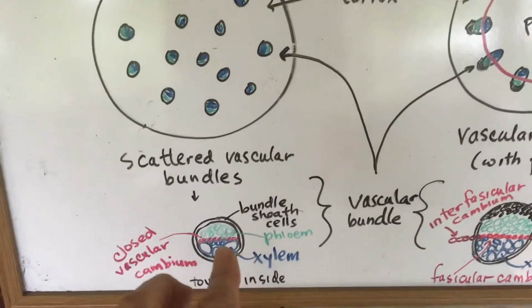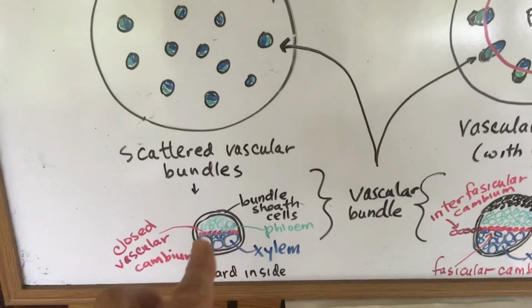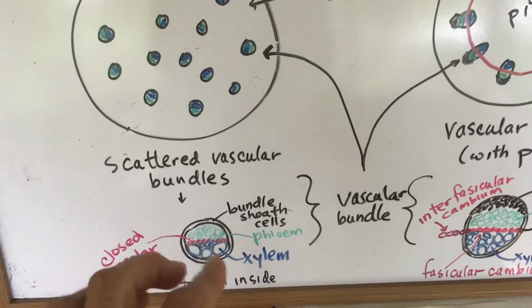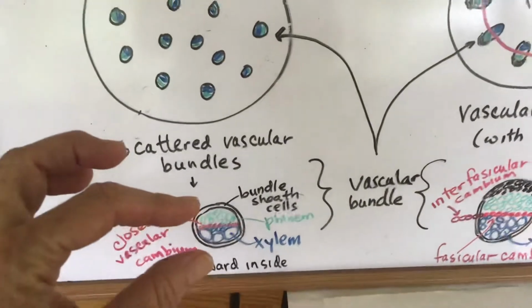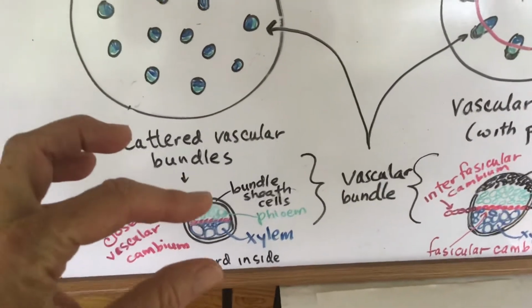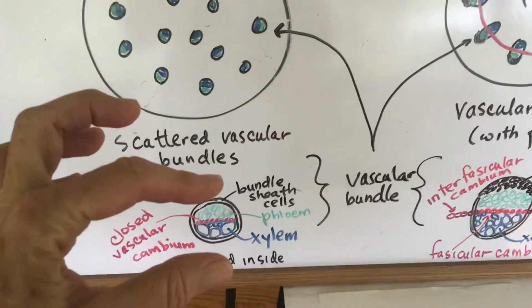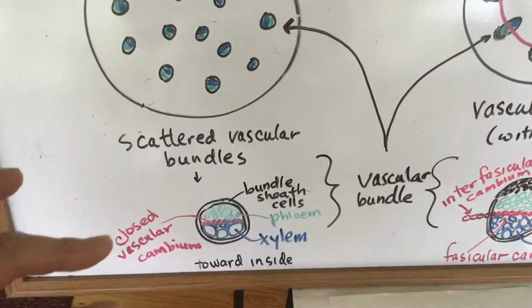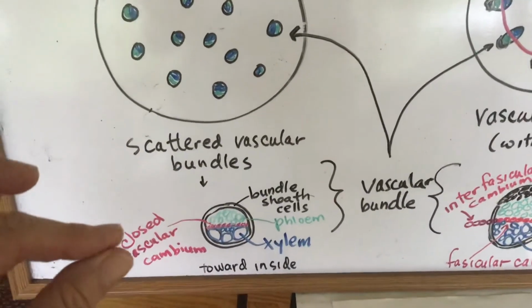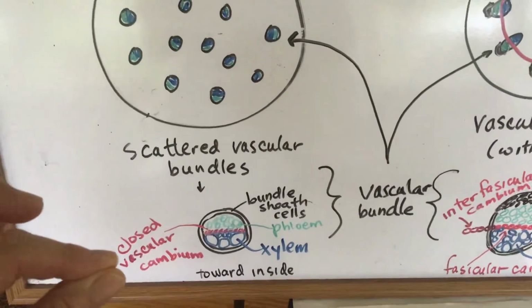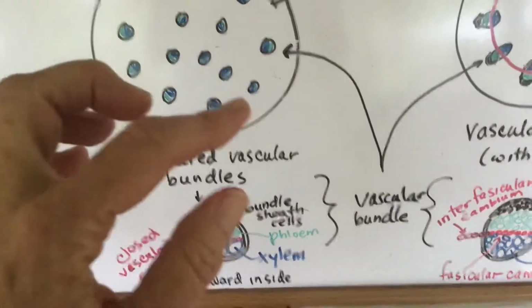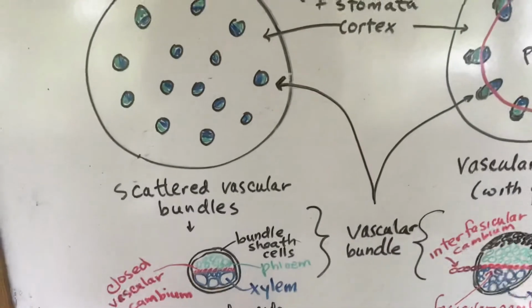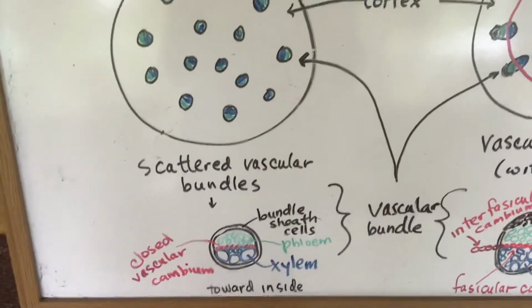And in the monocot, there is a layer of vascular cambium that's laying down new xylem and phloem as the bundle develops. But after the bundle is completely developed, it will no longer be present. So this is what we call a closed vascular cambium. It does not extend towards the other vascular bundles within the stem.